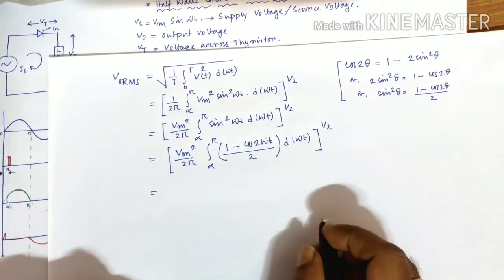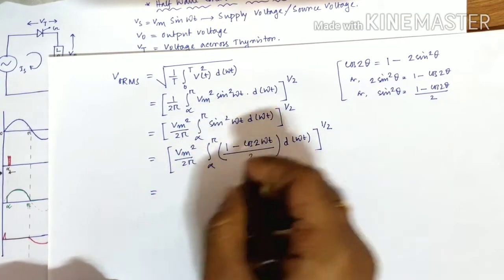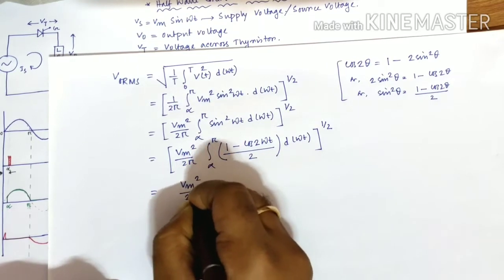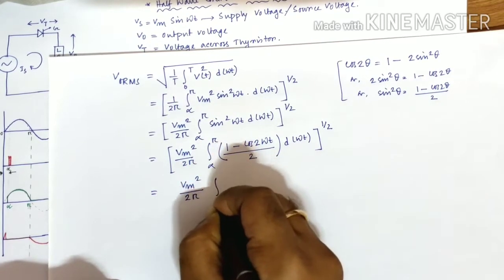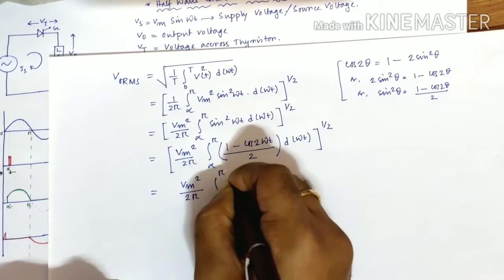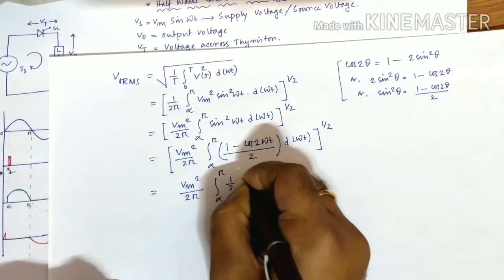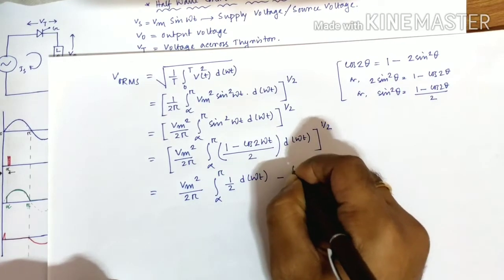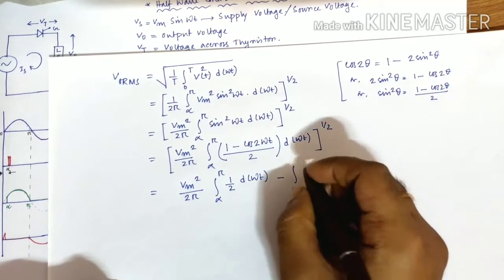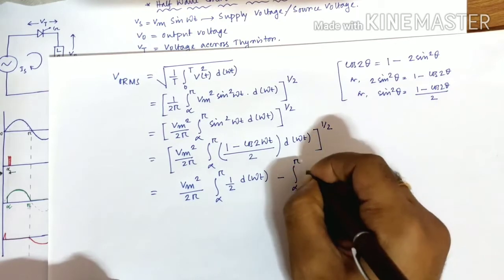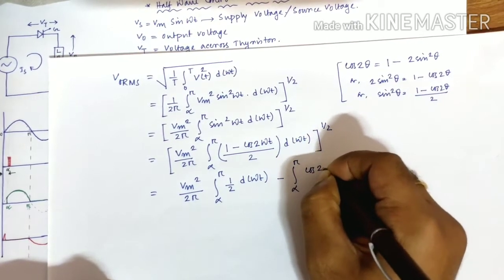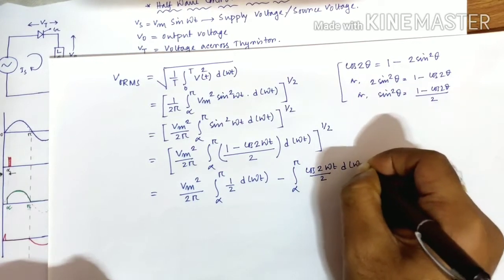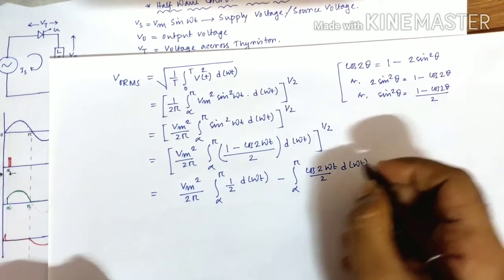Now if I break this one, then it becomes a little bit easier. Vm square by 2 pi, integration alpha to pi 1 by 2 d omega t, minus integration alpha to pi cos 2 omega t by 2 d omega t.